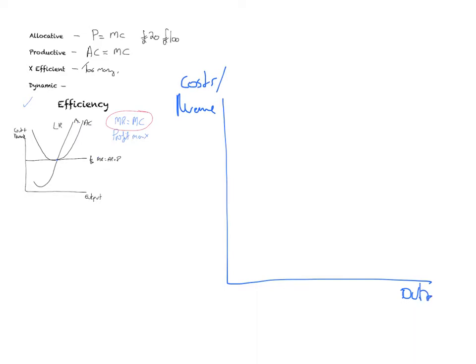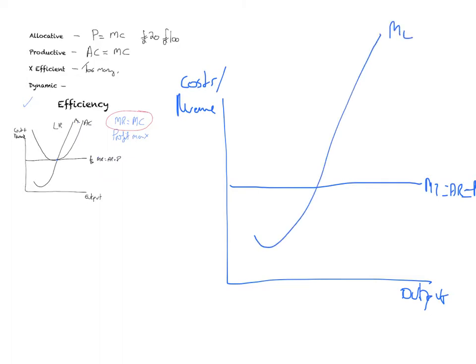Okay, so this time I'm going to be showing this firm in the short run. So I've got MR equals AR equals price. Okay, so I've decided to make this diagram where they're making a profit in the short run. So I've got the MC up here, and their costs would have to be below. It's not the best diagram ever, but let's go for that.